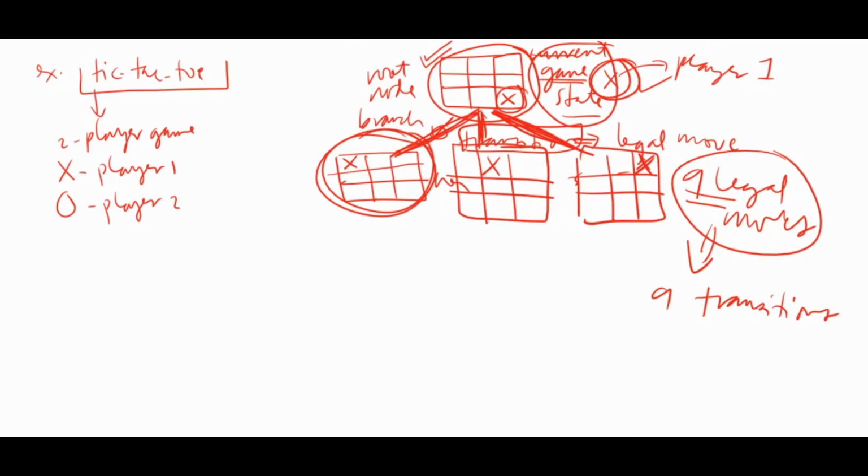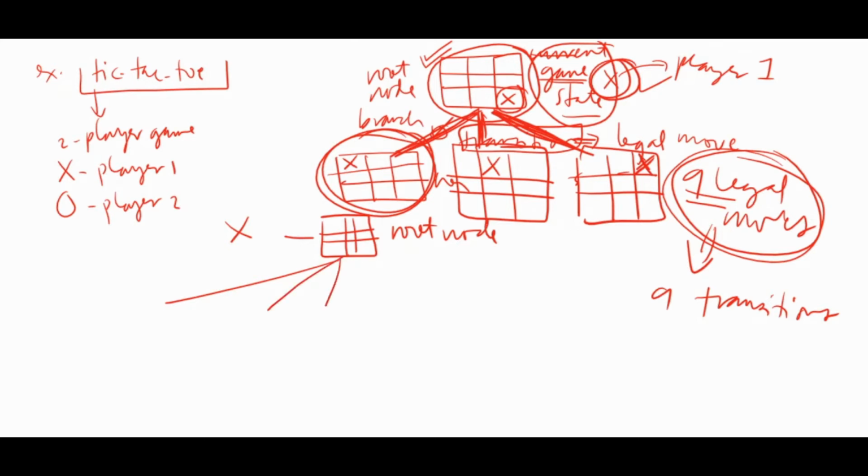So the game tree now would look like this. We call this the root node, where all 9 squares are still vacant. Say at this point the X player is going to make the first move, then there are 9 legal moves available for him. If we draw the complete game tree on this level, there will be 9 transitions, right?